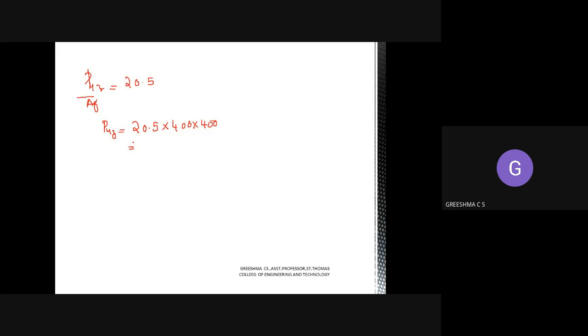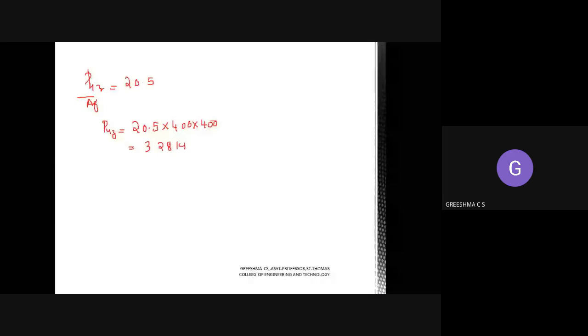So that will be around 32800. Okay, that is right. So that will be 328 kilonewton, right? 328 kilonewton.